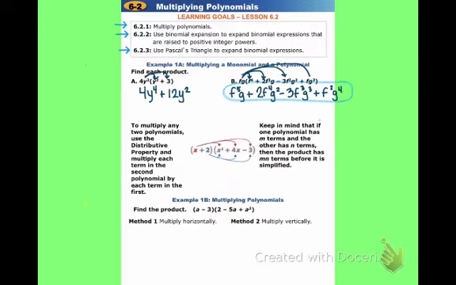But really, in this case, it doesn't do you a lot of good, because each one of the terms has a degree of 6. Look at this first term right here, f to the 5th, g to the 1st. Remember that to find the degree of a monomial, you add the exponents. So this actually has a degree of 6. This next one has powers of 4 and 2, so it has a degree of 6.